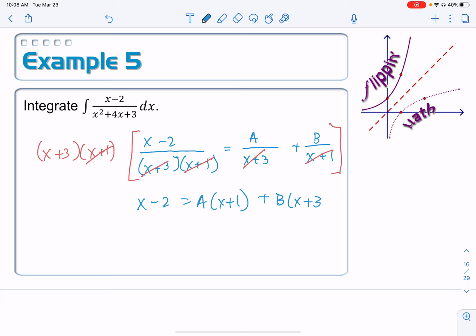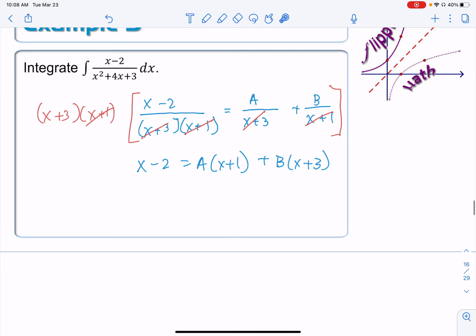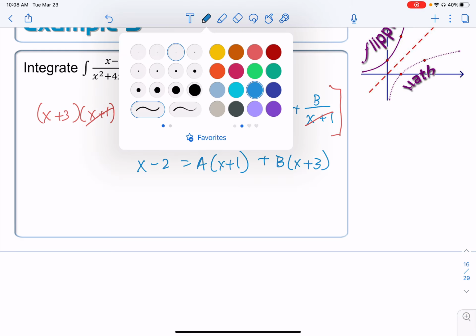You can see in these very simple ones that essentially the two denominators just switch places. So now we have our basic equation.